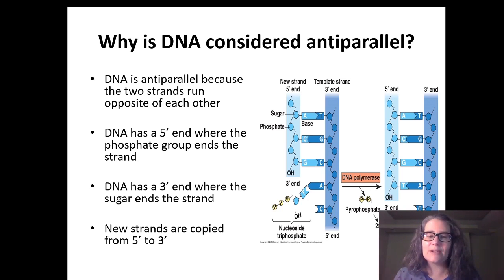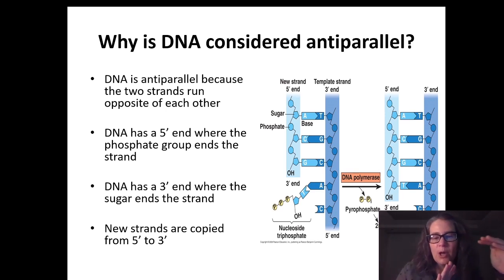DNA is antiparallel because the two strands run in opposite directions, and the chemical directions are determined by the carbons and the naming system, and whether you end essentially with a phosphate group or a sugar and a nitrogen base connection.